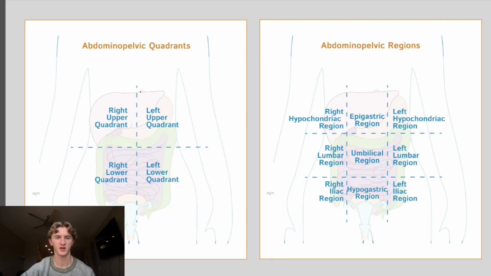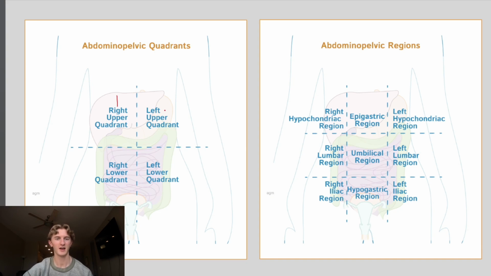So first we're just going to talk about the quadrants, and you can see, like I said, they're just named right after their positioning in the abdominal pelvic region. So we have the right upper quadrant and the right upper portion of it, the left upper quadrant and the left upper portion, the right lower quadrant and the left lower quadrant. And something you might be seeing here is, oh, why is the right side on the left side and why is the left side on the right side?